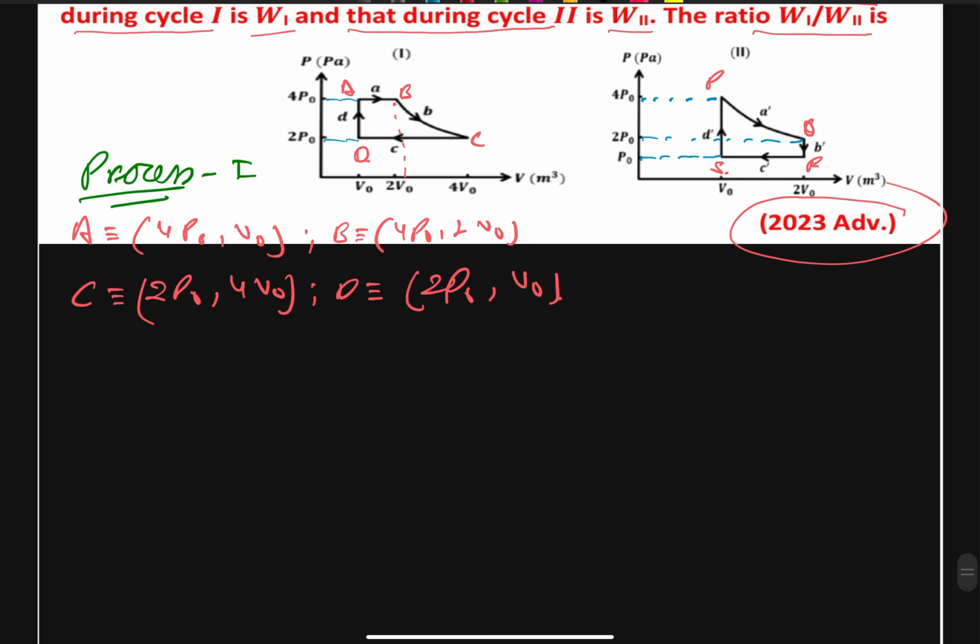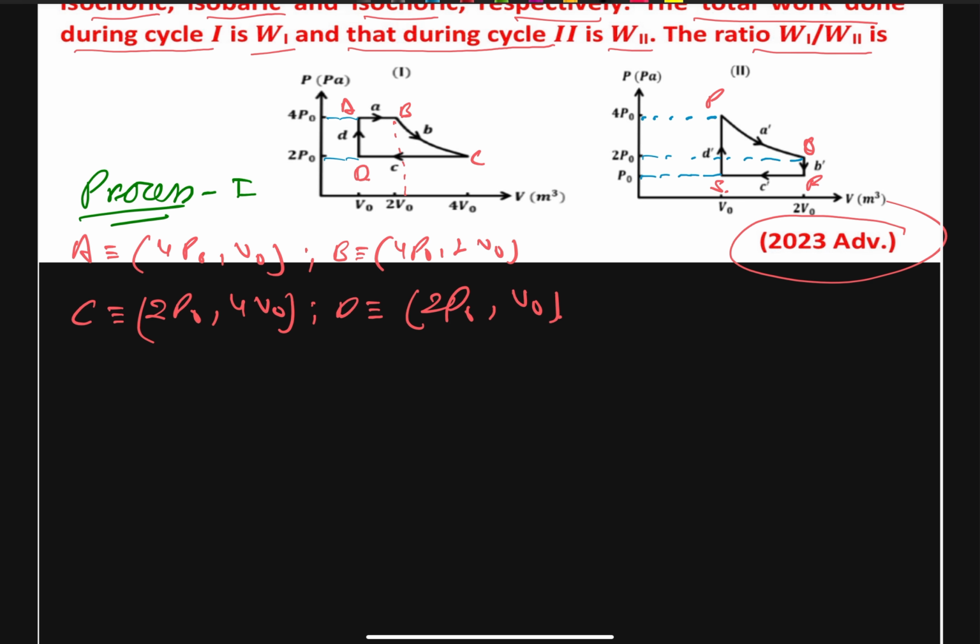Similarly, we can write for process 2, but let us solve process 1 first, then we come to process 2. The work done, which is given as W1, will be equal to the work done in the process for A, for B, for C and for D. From A to B is constant pressure, which is isobaric.